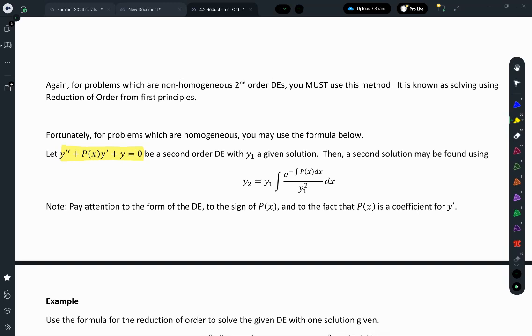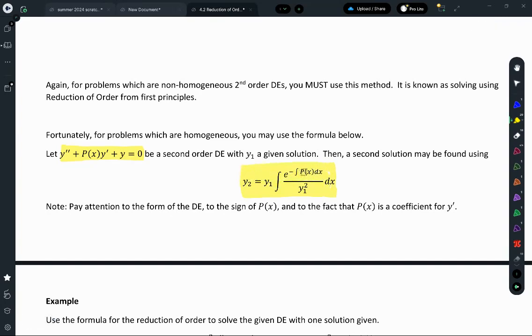We are just identifying p of x as the factor that is in front of y prime, and we need it there because we need to be able to identify p of x. So this second order differential equation will have a given solution. We'll be told what y1 is. And then a second solution can be found using this form here.